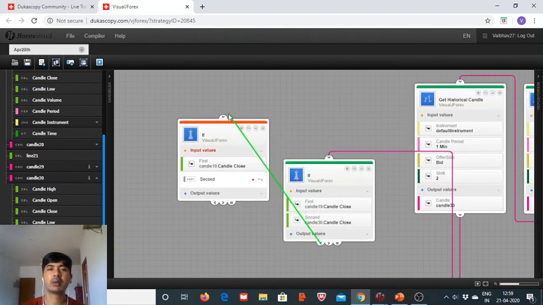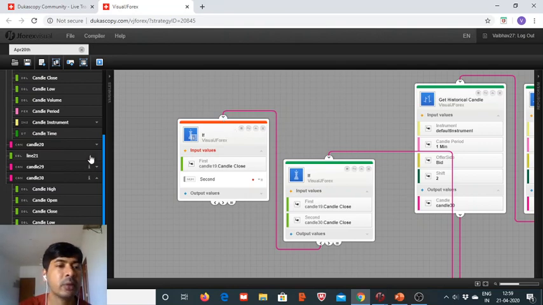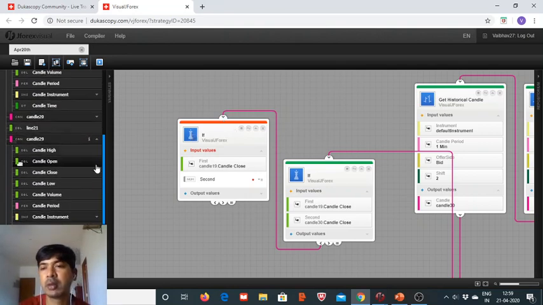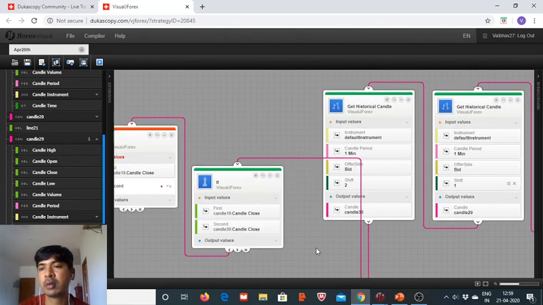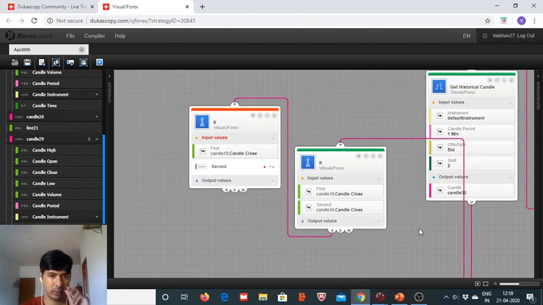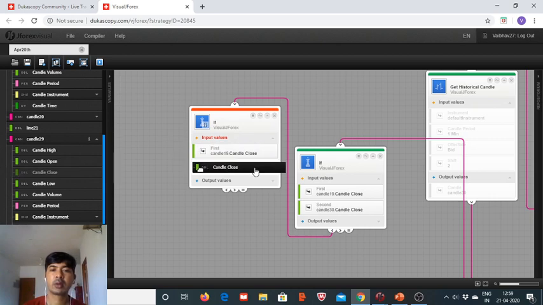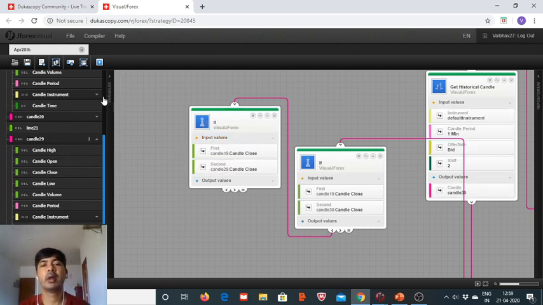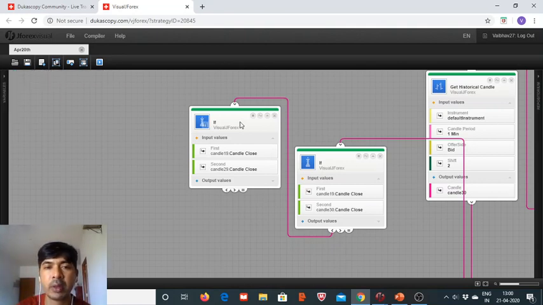Okay, and then comes candle 29 with shift 1, and for that now we are going to look at these closing levels. Okay, and here we are almost done.